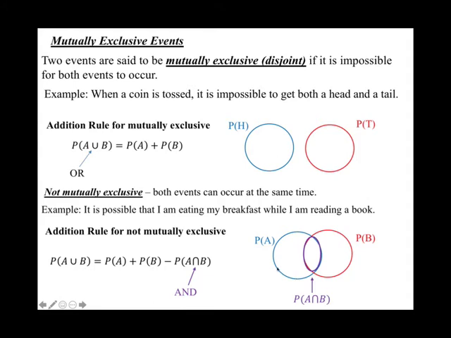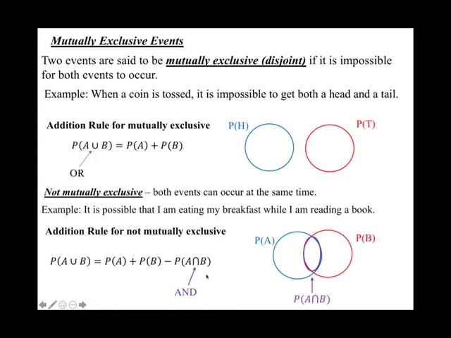Think about it: if I add these probabilities, I duplicate the intersection here, right? I copied this part two times. That's why you take out one of them. You subtract probability of A and B. Remember this notation means and, A and B.